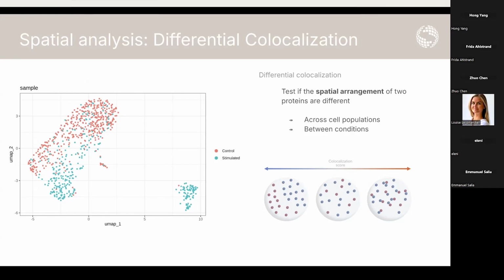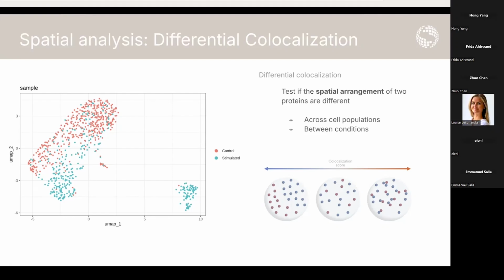And by doing that, instead of traditionally looking at abundance data on these UMAPs, we can look at the spatial data and get an insight into how the spatial organization of proteins on the cell surface can contribute to their phenotype instead of abundance.